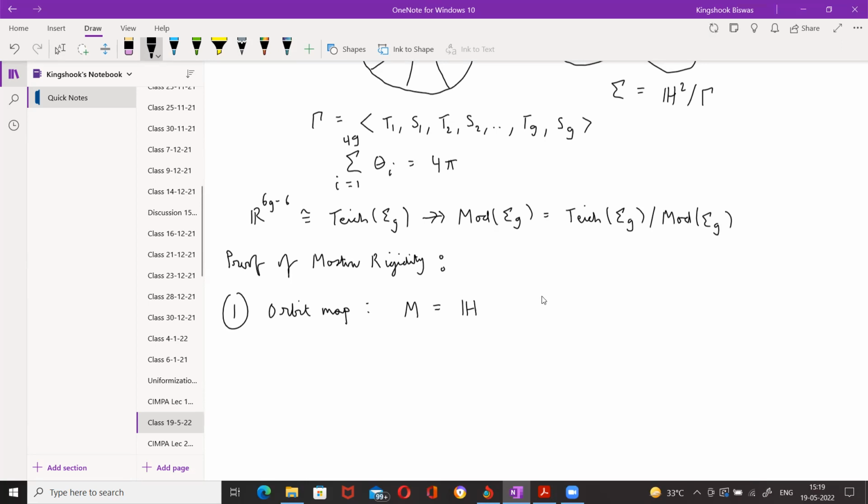So I can write it as Hn mod pi 1 M, and N is Hn mod pi 1 N. Okay, so I fix a base point x naught in Hn.